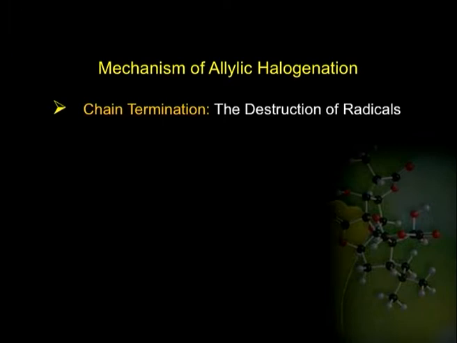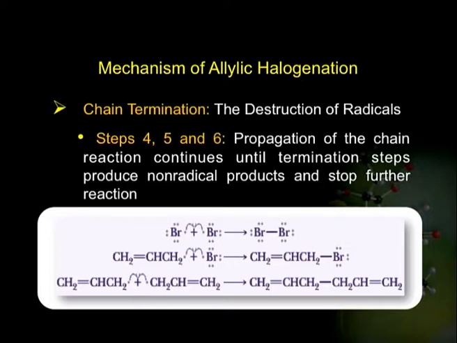At the stage of chain termination, the radicals as usual get destroyed or quenched, and in 3 steps propagation of the chain reaction continues until termination steps produce non-radical products and stop further reaction. So, either 2 bromine radicals can combine to give a bromine molecule.